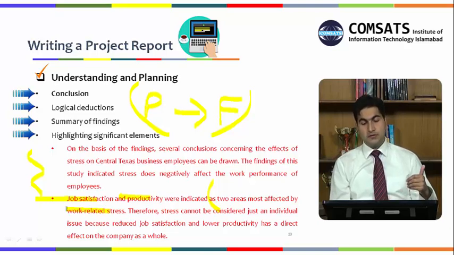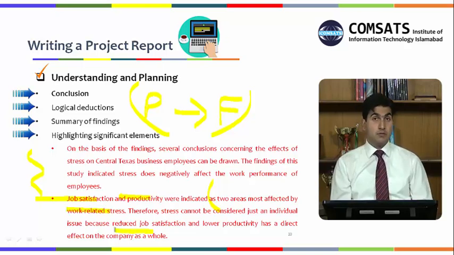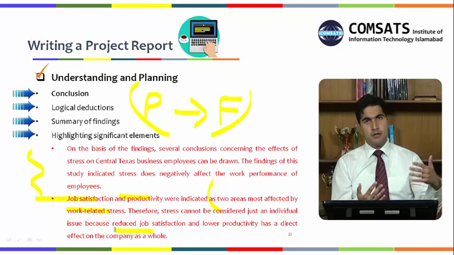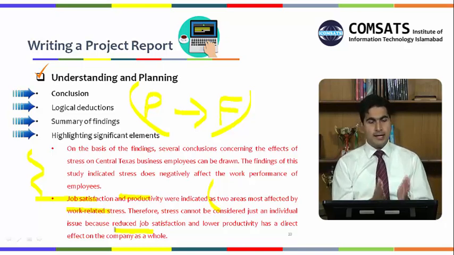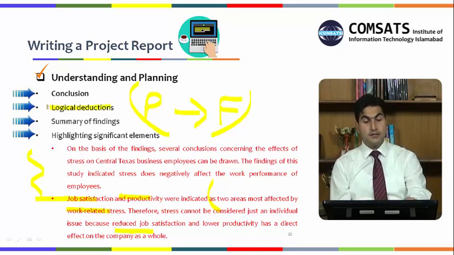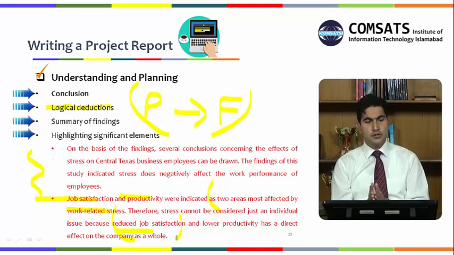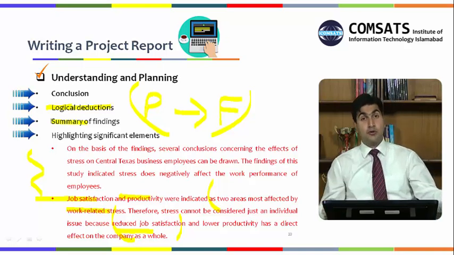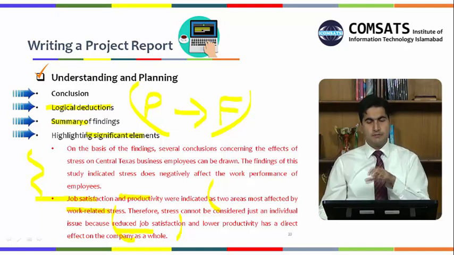Therefore, stress cannot be considered just an individual issue, because reduced job satisfaction and lower productivity have a direct effect on the company as a whole. Beautifully summarized. Now, on one end you are highlighting it and logically deducing that it has a big effect on the company as a whole. This is deduction based on the summary of the findings. So you are summarizing, logically deducing and highlighting the significant elements. That's the way you write it.